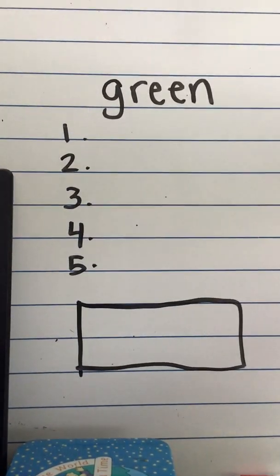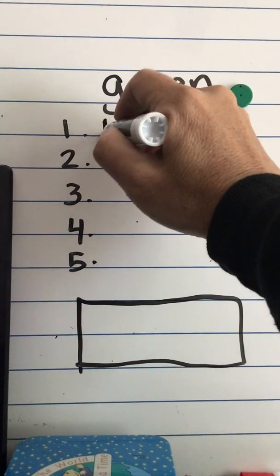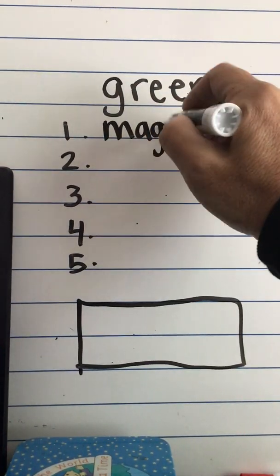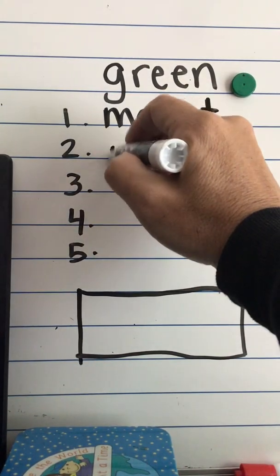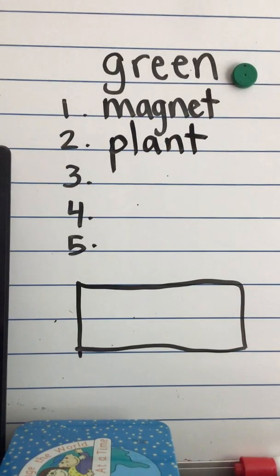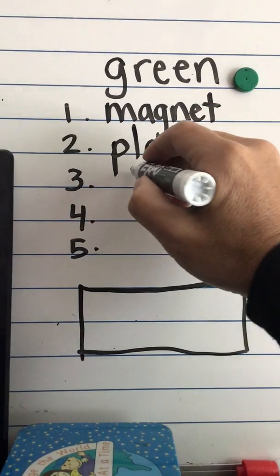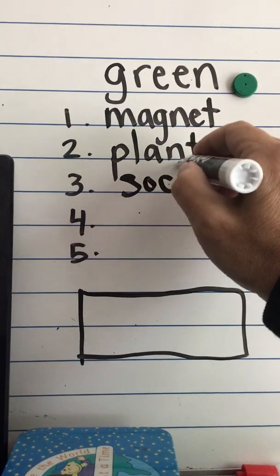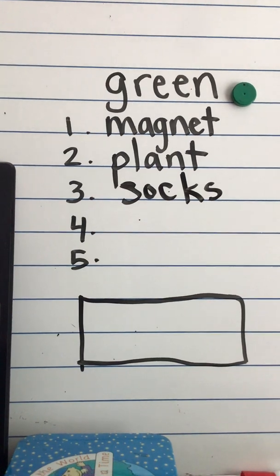So I have a green magnet right there. And I have a green plant in my house. All right, and I can see in the laundry basket there are some green socks.